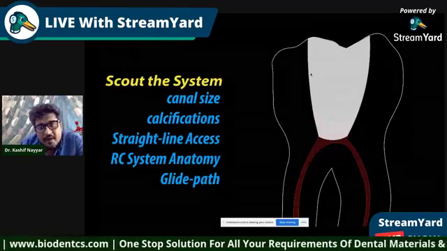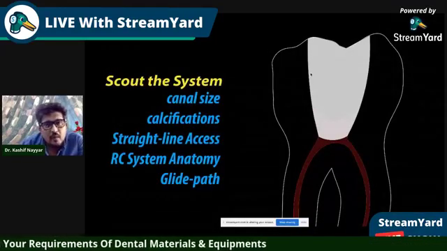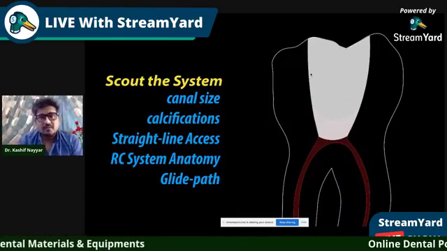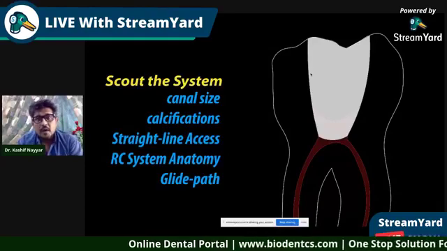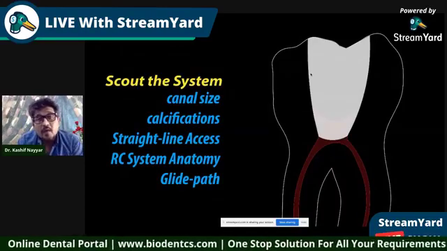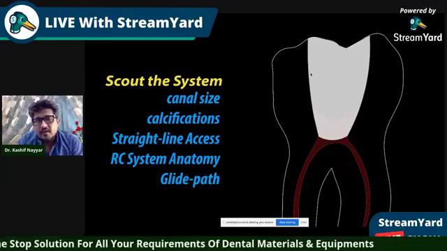Starting off with a number 10 K-file, we just have to estimate what the canal size could be. If the number 10 K-file is binding inside the canal, it means that the canal is quite narrow. If a number 15 is quite loose, it means that the canal is large.